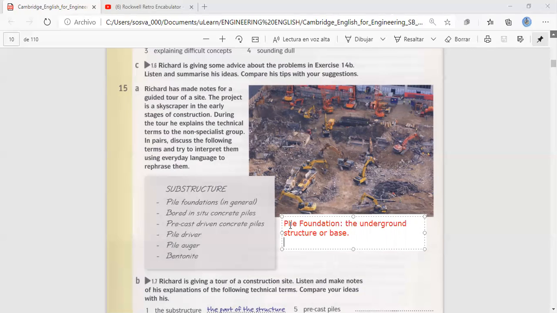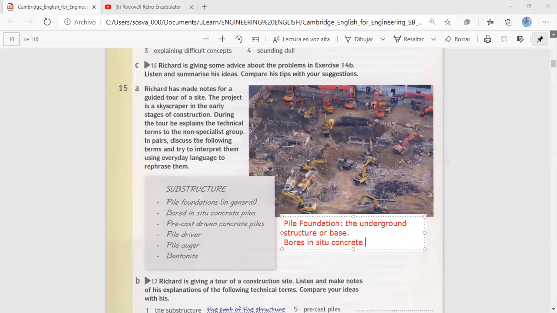I don't know if it is bored, like a board, or arcilla in Spanish. Well, bored we can write as to set, to settle something. That means to establish something, to put something in a place. So bored in situ, in that place, in situ concrete piles.